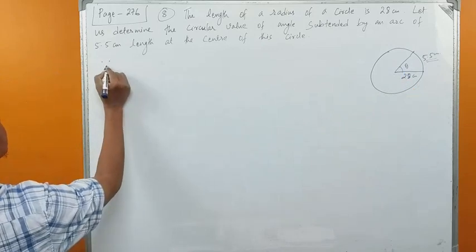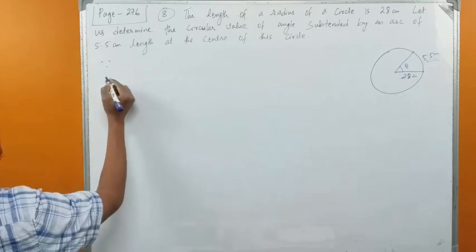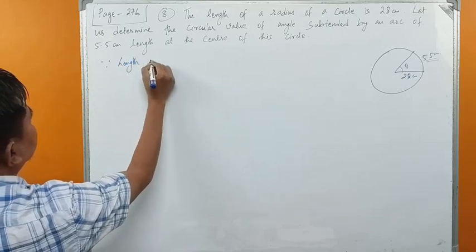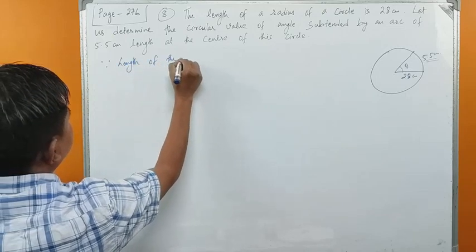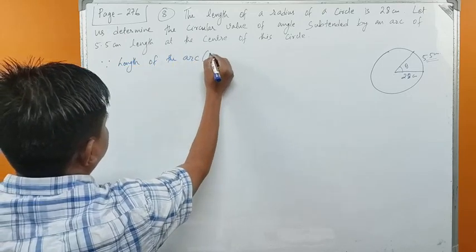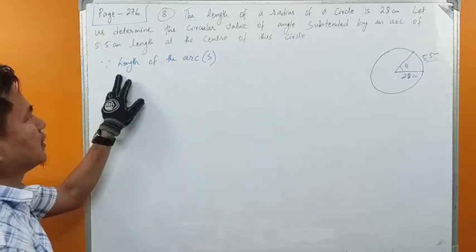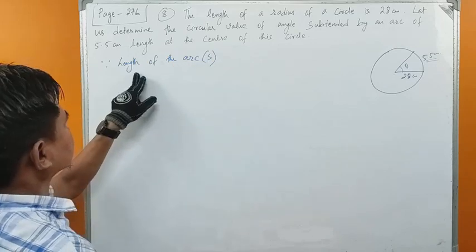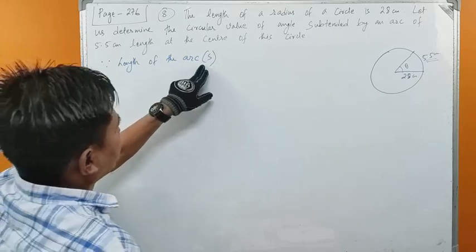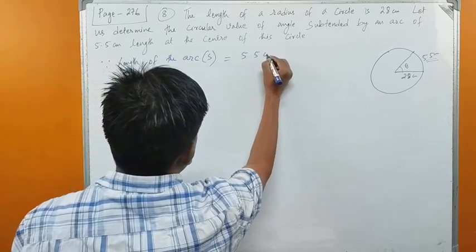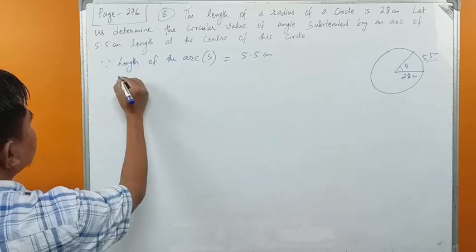Let us write the given conditions first. Length of the arc is usually denoted by the letter S. Length of the arc S equals 5.5 centimeter. This is given to us.